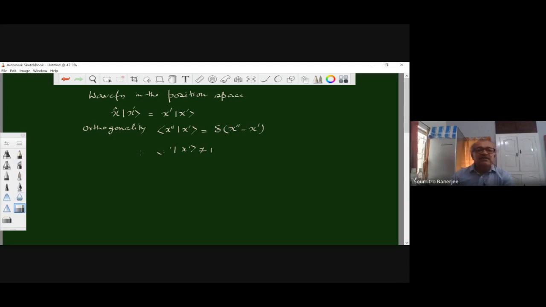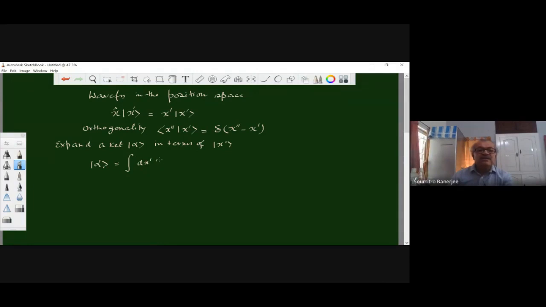So let me clear this off. And if you expand an arbitrary ket, say alpha, a function psi alpha, whose ket representation is alpha in terms of the x prime, it will be alpha ket is equal to, since we are now no longer summing up but we are into the integration, the integral of dx prime, and then we had expanded it.